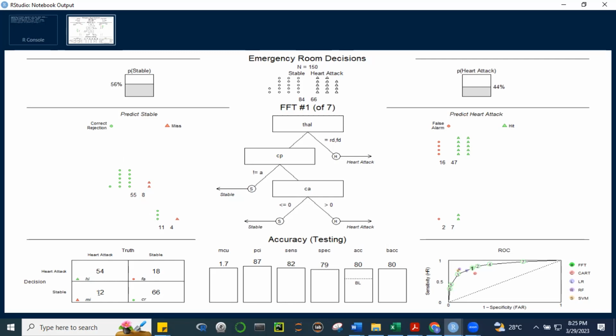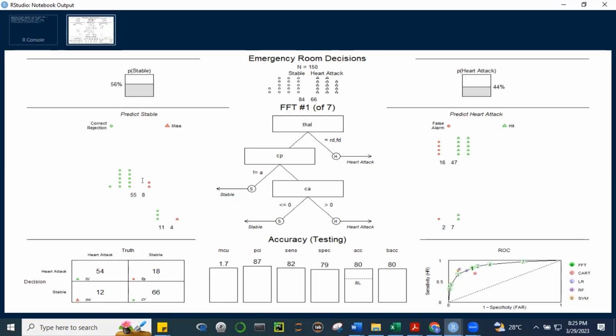Napunta siya dito, no? Right? Tama ba, class? Or nalito kayo sa pag-explain ko? The truth is, itong 12 to, ano sila? False prediction.